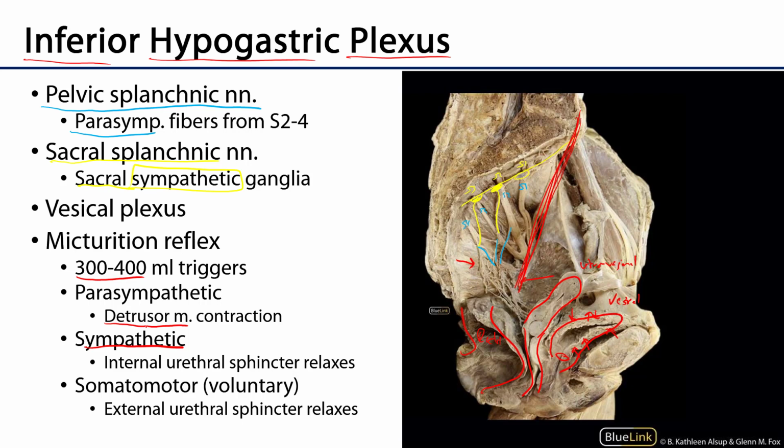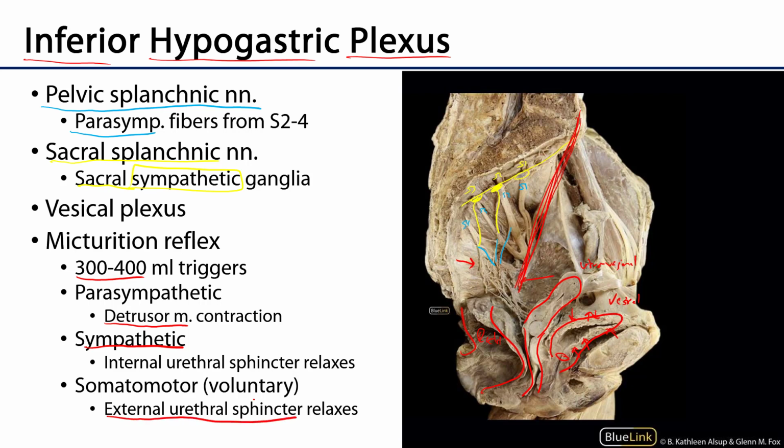So the bladder's contracting, the internal urethral sphincter is relaxing, and the only thing that stands between urination or micturition or not is the external urethral sphincter.